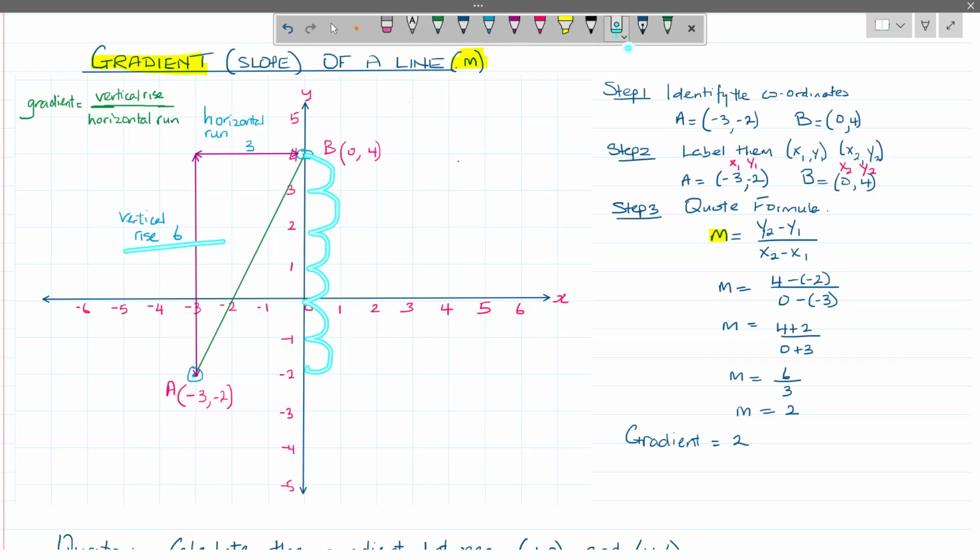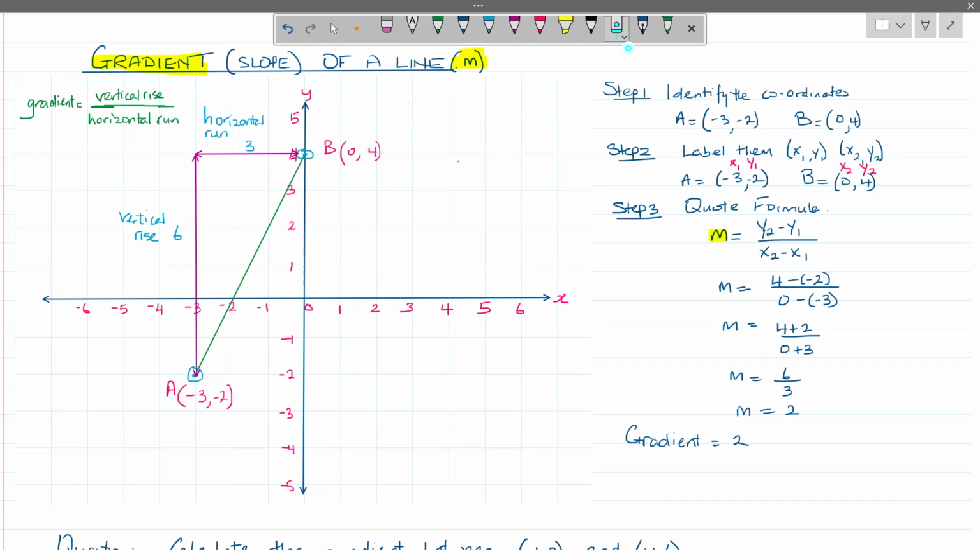This is a vertical rise, a positive rise of 6. And then I am going across. I am starting from negative 3 here, and I'm going across to negative 2, to negative 1, to 0. That's a horizontal run to the right, which means it's going to be positive 3. If I divide my vertical rise by my horizontal run, I will get the gradient, which is 2.